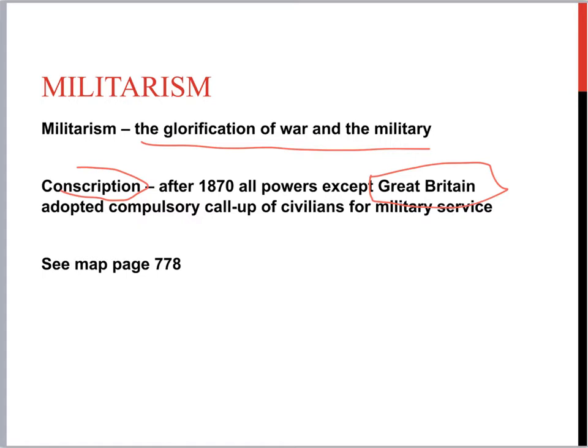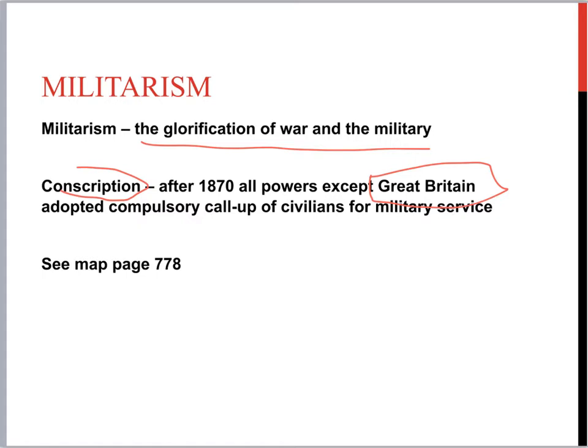Conscription was something that was done during peacetime by the militaristic societies, and that included Germany, Austria-Hungary, France, Russia, and the Ottoman Empire, but it did not include Great Britain.